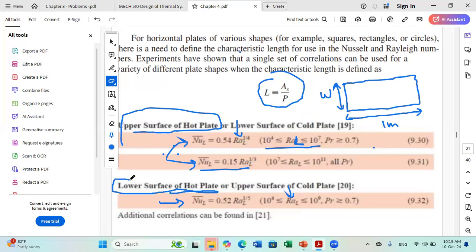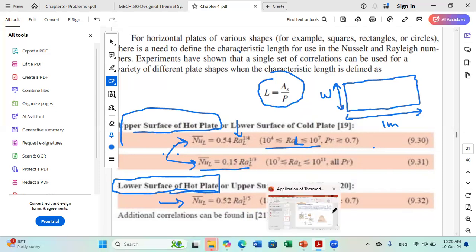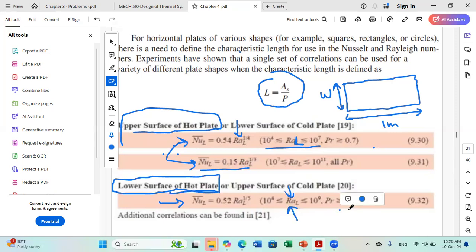For the lower surface of hot plate, which is the bottom surface, since Rayleigh is in the range, it's 1.4 times 10 to the power 8, Elna? Yes, I think 1.4 times 10 to the power 8. So it's in this range, and the Prandtl number is 0.71, so we can apply these relations.